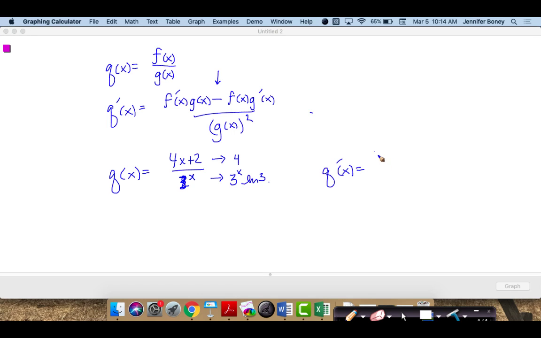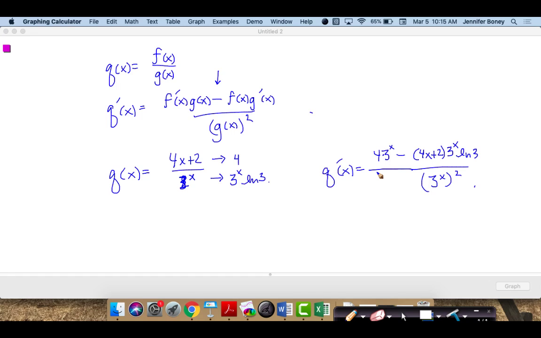I have the derivative of the numerator times the original denominator, 4 times 3 to the x, minus, other way around, 4x plus 2 times 3 to the x times the natural log of 3, all over the original denominator, squared.